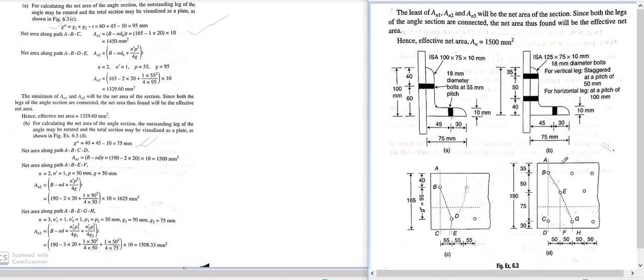One thing I want to mention: what will be the distance from this point to this point? As we know, this is 35, this is 50, so 35 plus 50, then 75, and then 30 plus 30, so it should be 190. From these three paths, the lesser one will be selected as the effective net area, because the lesser area will govern the failure. So I hope you can understand.